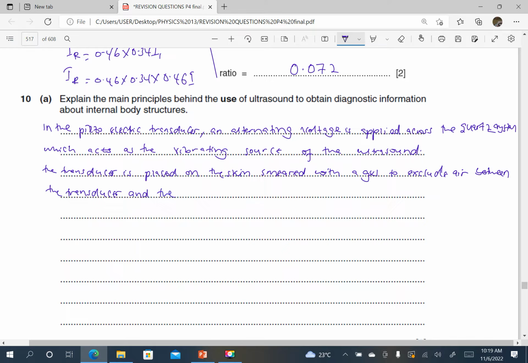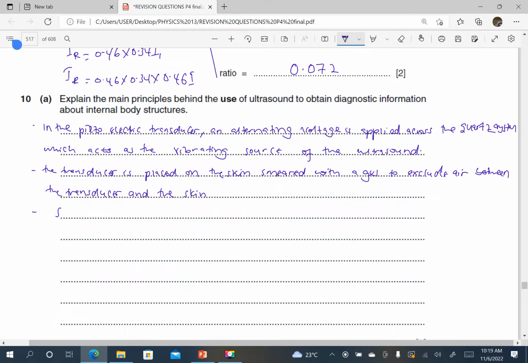So the transducer is placed on the skin, smeared with a gel to exclude air between the transducer and the skin. Remember, the purpose of the gel is to act as an impedance matching substance.